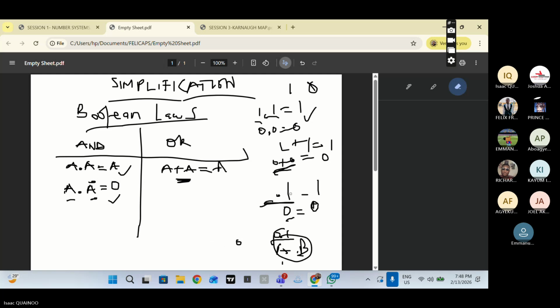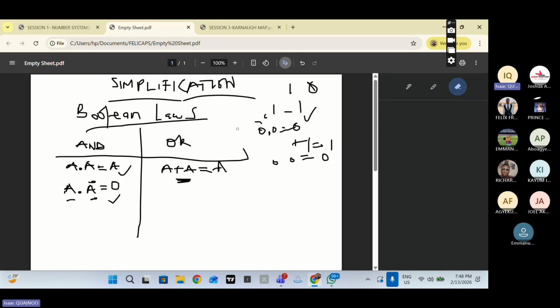Yes, sir. Okay. So what we are going to be doing when we are simplifying our Boolean expressions is that you want to manipulate the expressions, okay? Whilst observing all the rules, in order for us to arrive at one of these laws. When you're able to manipulate them to arrive at one of these laws, you're able to directly apply the law.